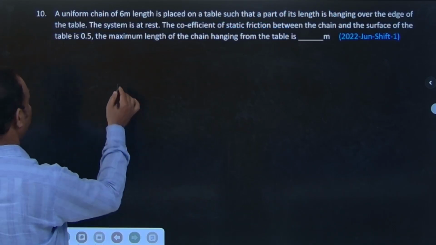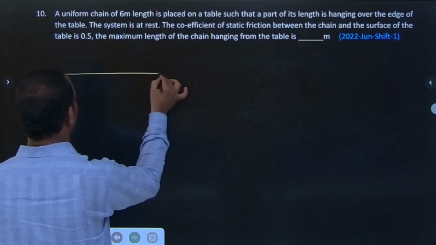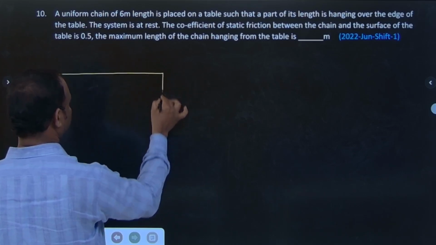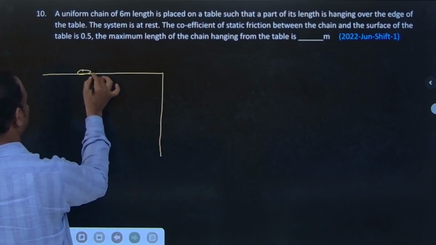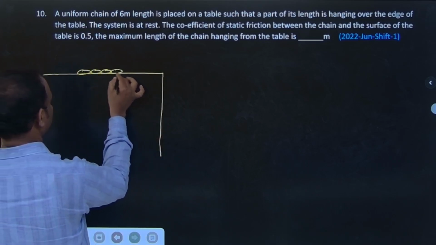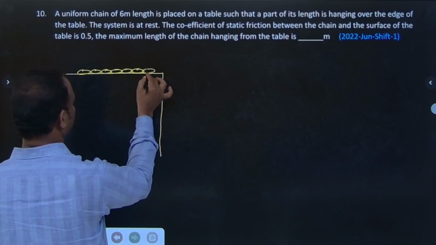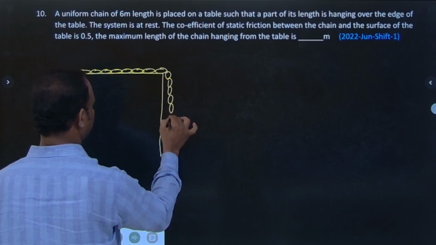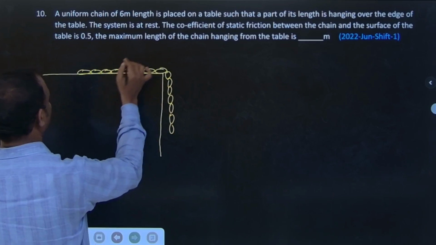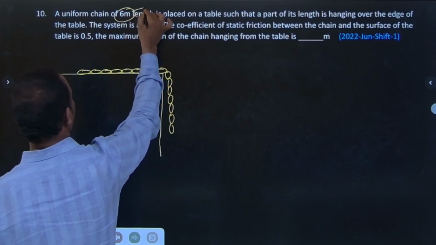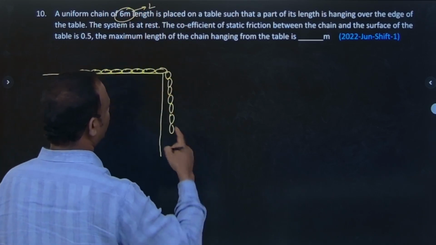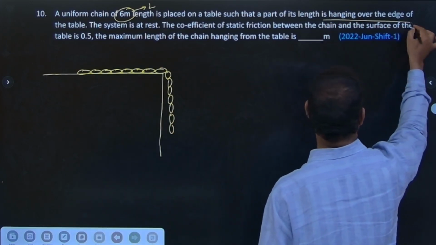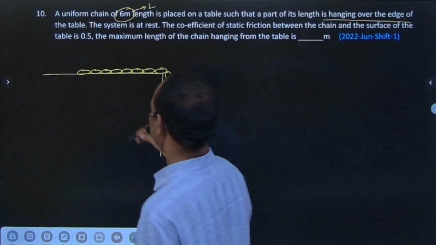A uniform chain of 6-meter length is hanging over the table. Total length is capital L, and it is placed such that a part of its length is hanging over the edge of the table.